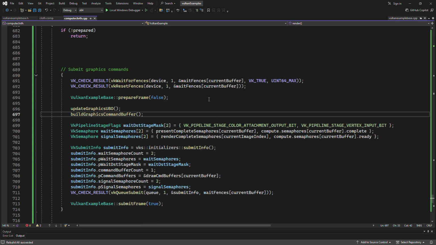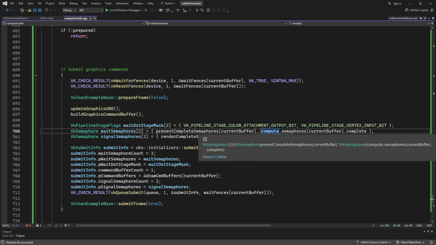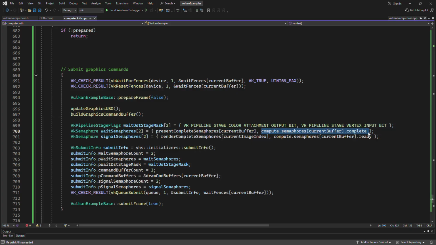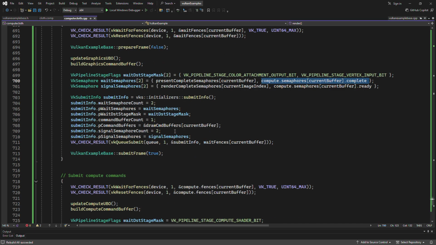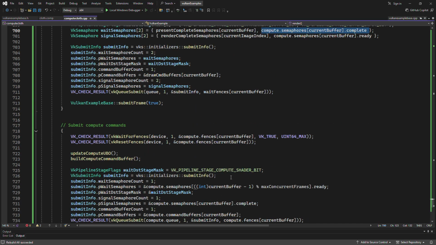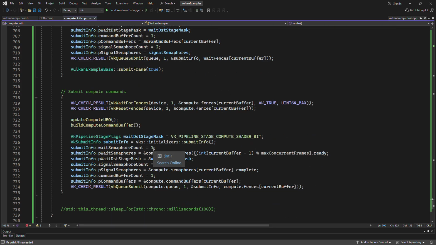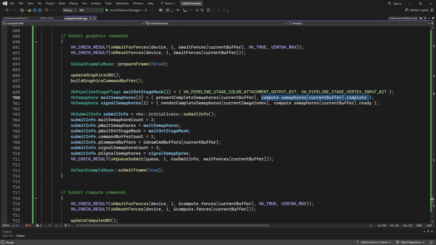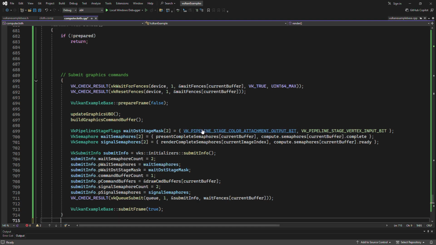But let me think this thing through. So we know that we're waiting for compute to be in a complete state here. But then when you get down to here, it should be in a... Yeah, so I'll have to investigate that a little bit more.